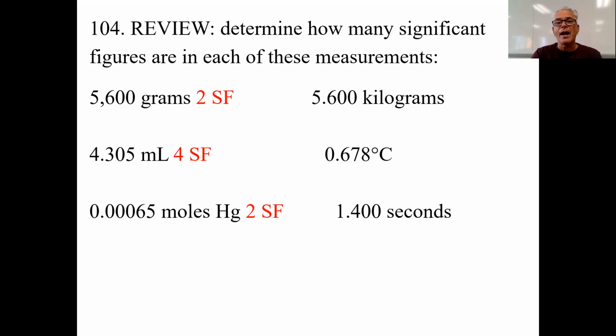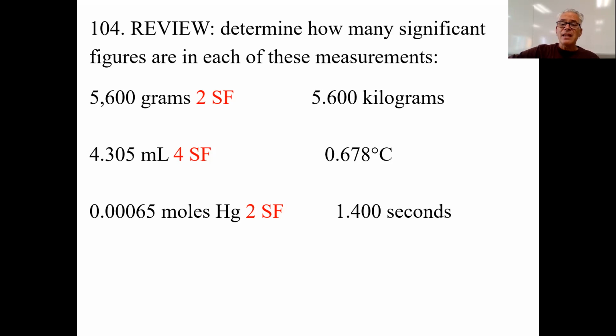Now, on the right side, it's 5.600, and that last 0 is at the end after a decimal point. So that one's significant. And then the 0 in the middle there is between significant figures, so they're all significant. In the temperature, which is just a little bit above the freezing point for water, if that was the temperature of your H2O, it would actually be in a liquid form.